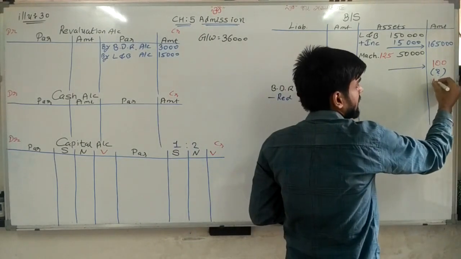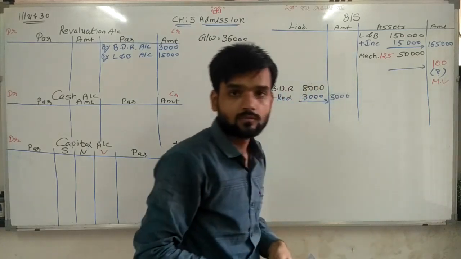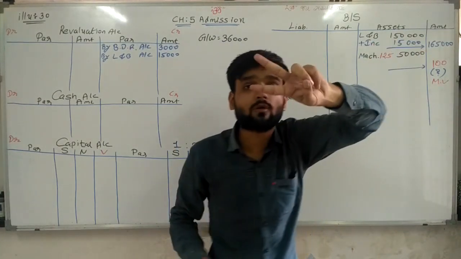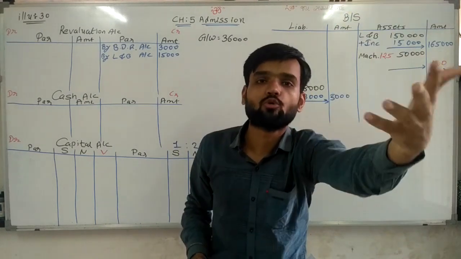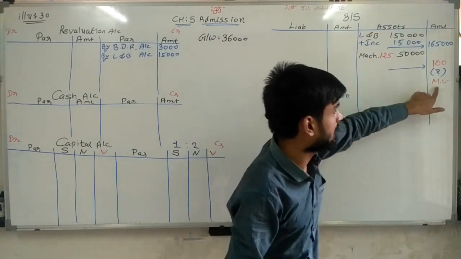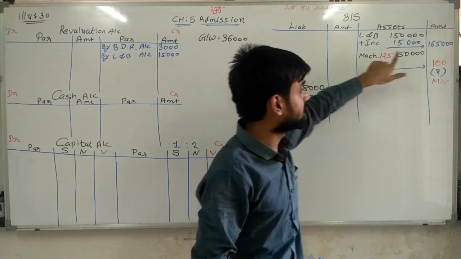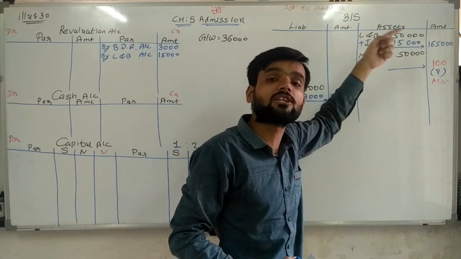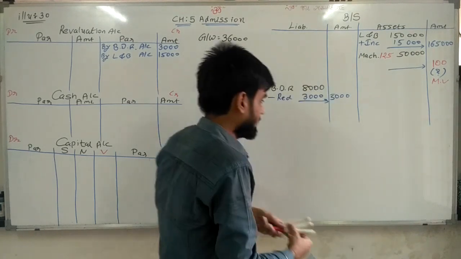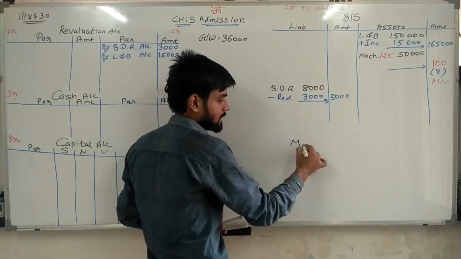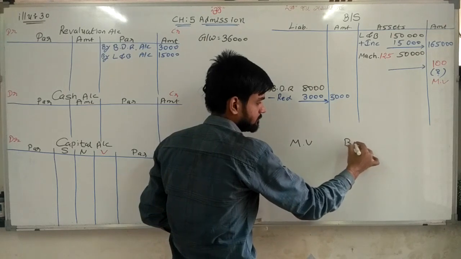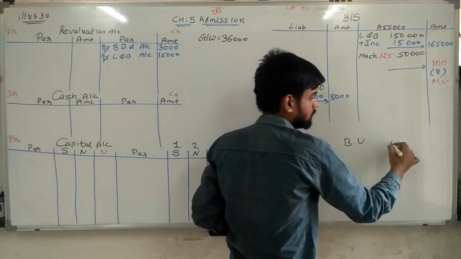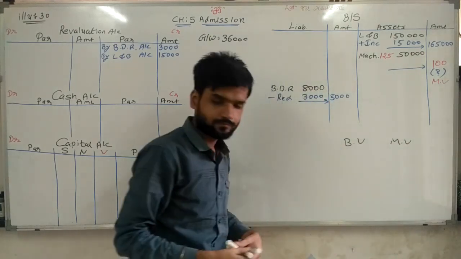Actually we write the market value here, but compared to market value, this value is 25% more. It means suppose the market value is 100, then its machinery value is 125, because it is 25% more. So here I am writing the steps: market value, book value, or you can say first book value, then market value.